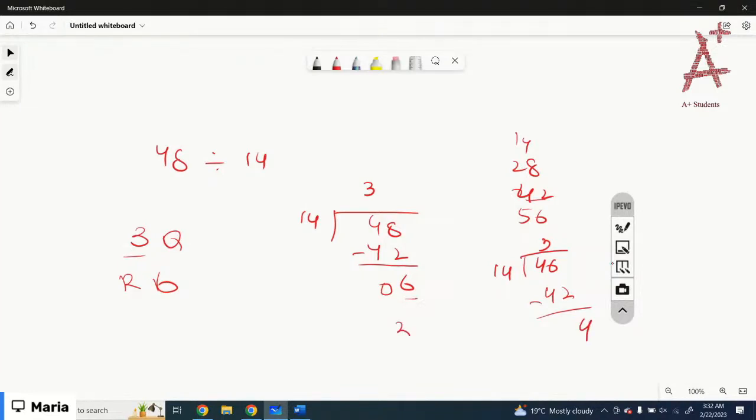That means you have 3 as the quotient and the remainder is 4. So it would be 3R4. The correct option is 3 remainder 4.